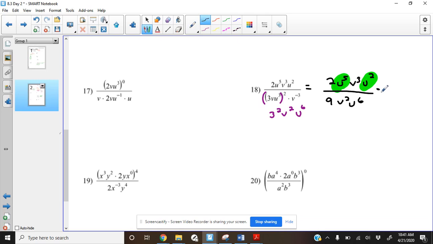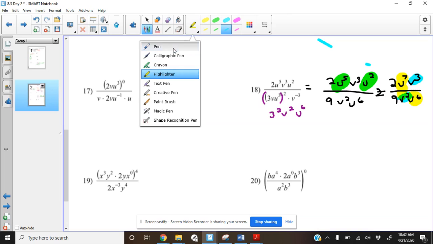So we still have 2, u to the 5th, u to the 2nd becomes u to the 7, v to the 3rd stays over 9 v squared, u to the 6th, and last but not least, so u to the 7th and u to the 6th, we can now simplify those, as well as v to the 3rd and v to the 2nd.